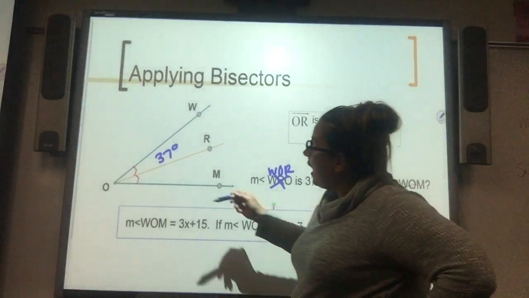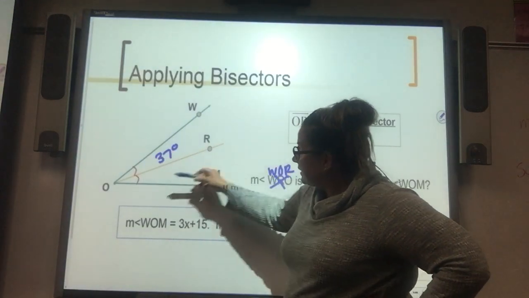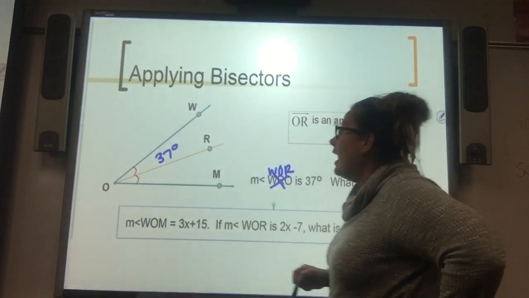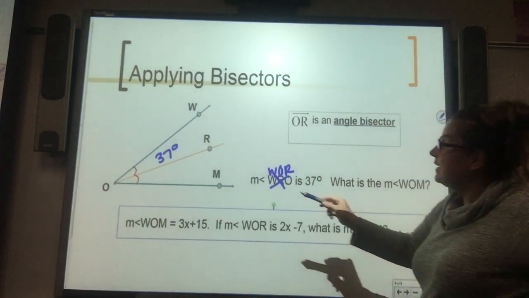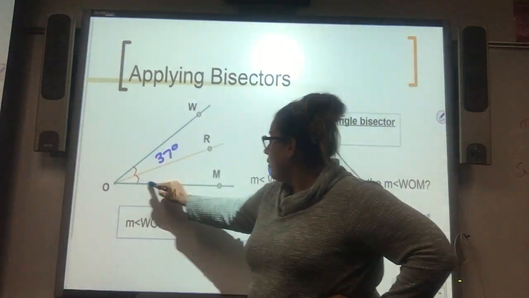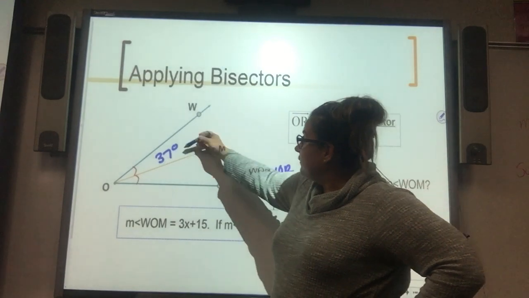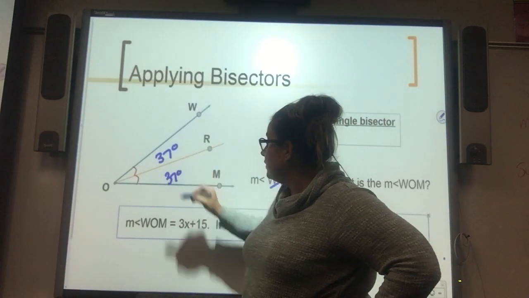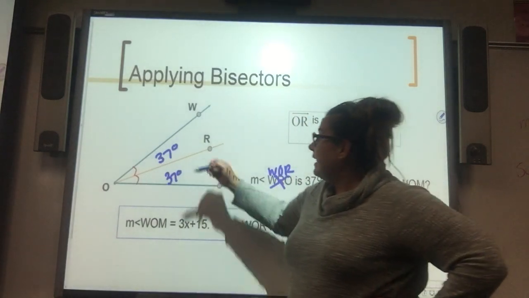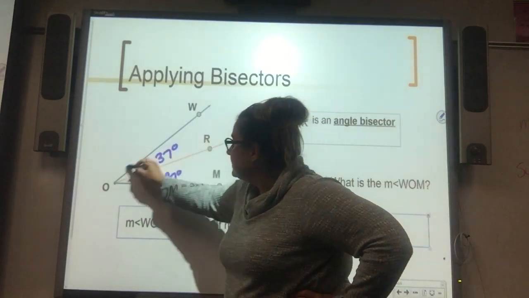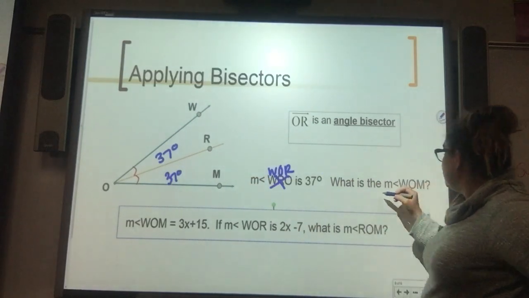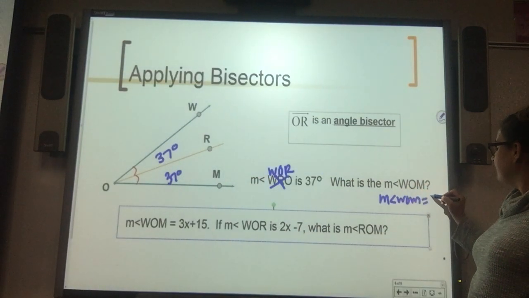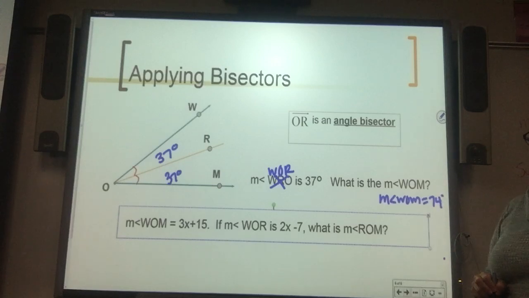I know that this is an angle bisector because these two marks indicate that these are the same. If this is 37 degrees, then this is 37 degrees, and I can add these two measurements to get the whole thing. So the measurement of angle WOM is 74 degrees.